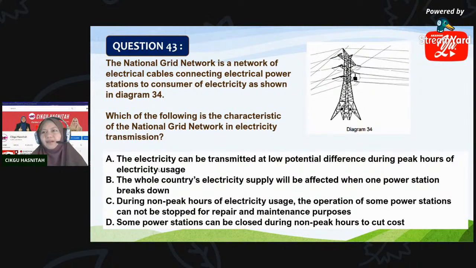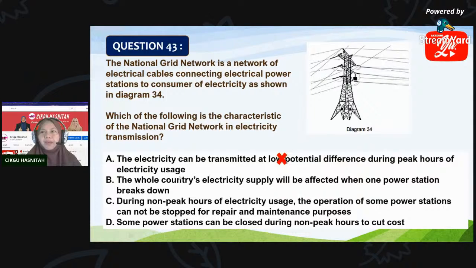Look at A. It says electricity can be transmitted at low potential difference during peak hours of electricity usage. Is this true? This is wrong, because it is actually sent at a high potential difference, high voltage.